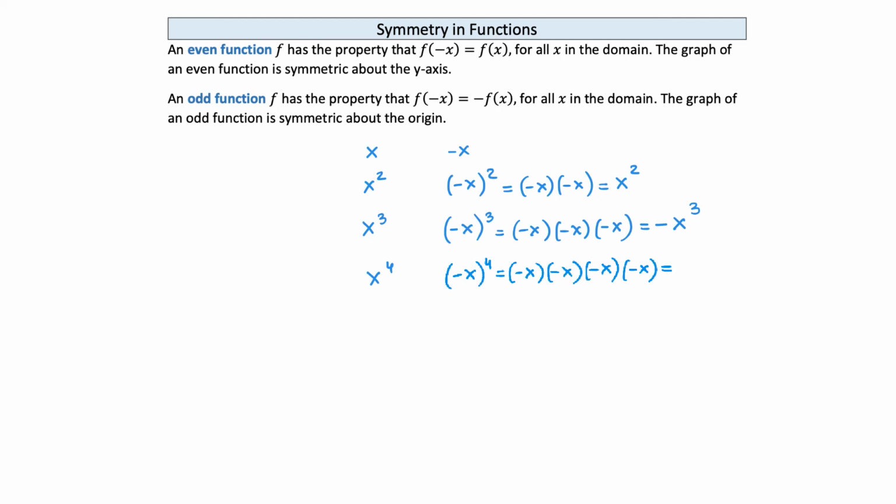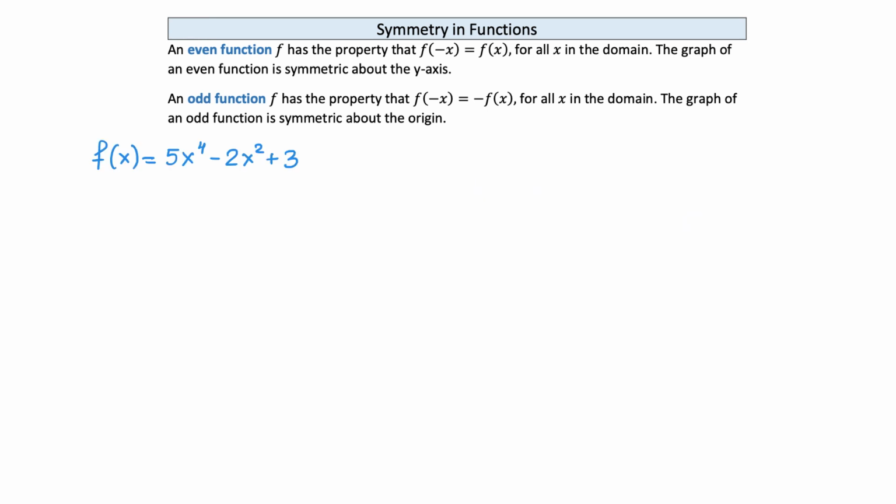The result here will be positive x to the power of 4. So in this case, when we replace x with negative x, the result is still x to the power of 4. So what we need to understand here is that when we have x raised to an even exponent, like 2 or 4, and we replace this x with negative x, the result will still be the same. But when the exponent is odd and we replace this x with negative x, then we get negative x to the power of 3. So if this makes sense, let's start the first example.